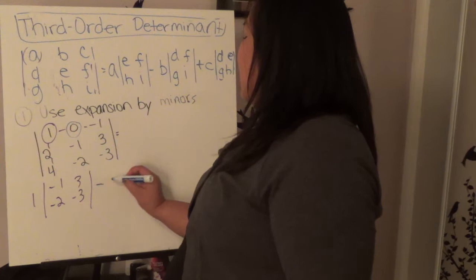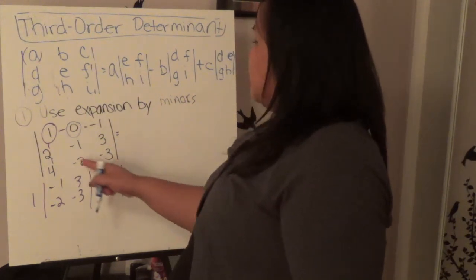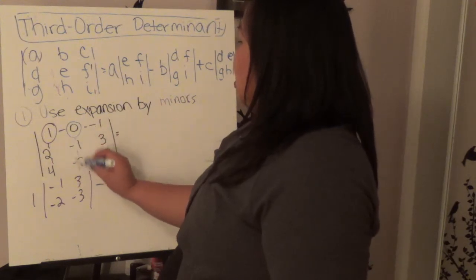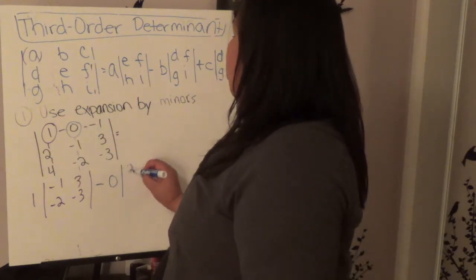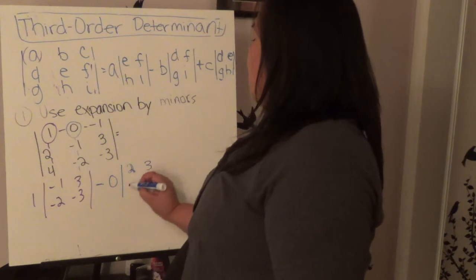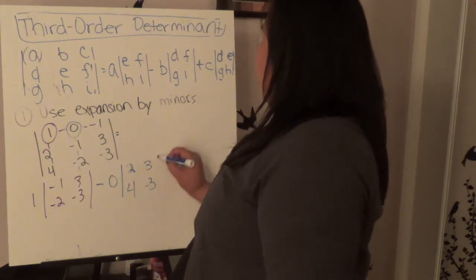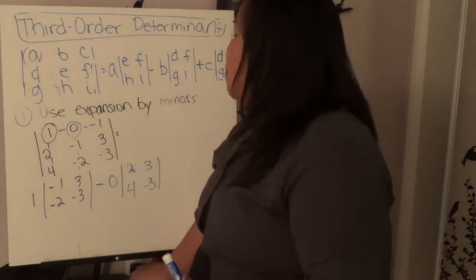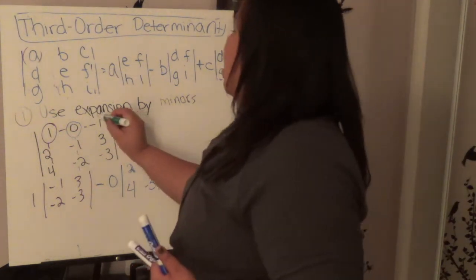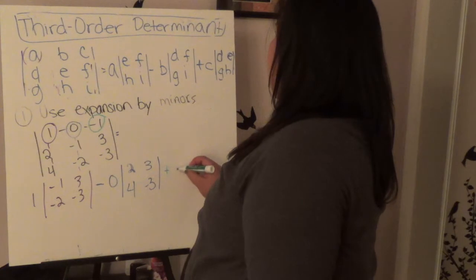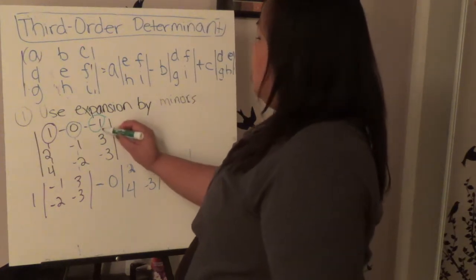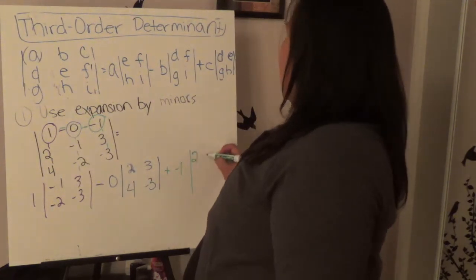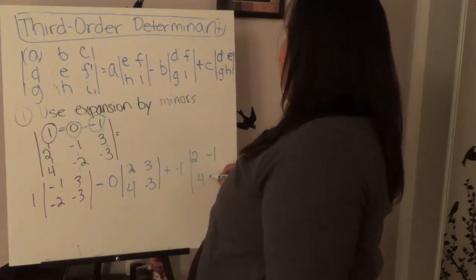So it's going to be minus 0 times, I'm going to eliminate this and this, so it gives me 2, 3, 4, -3. So this was negative, so now I have to choose positive. And this is here, so it's plus -1, and I'm going to eliminate this and this, so I have 2, -1, 4, and -2 left.